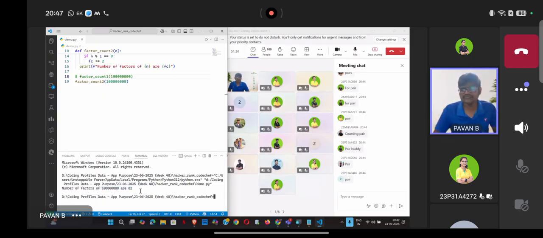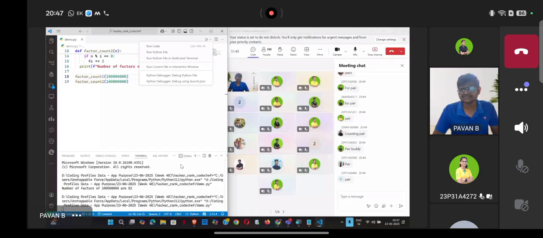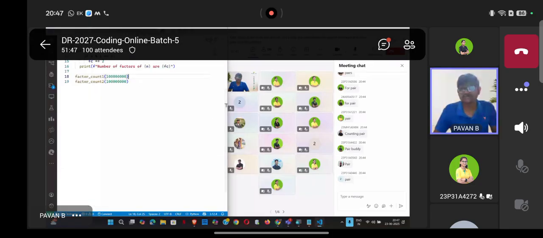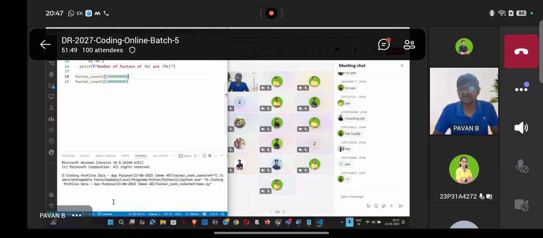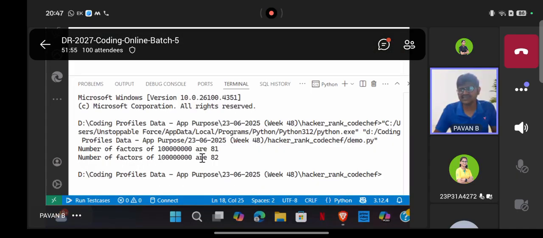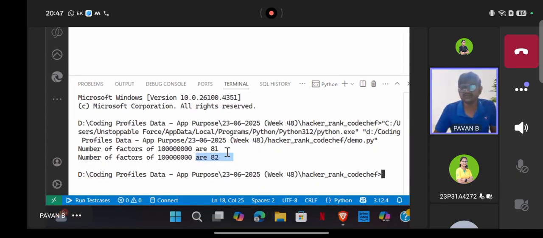Did you see any difference in the outputs? Let me run this again. When I run this, one logic is taking more time than the other. That's obvious. But you can see the second code is giving 82 as answer, while the first one is giving only 81.